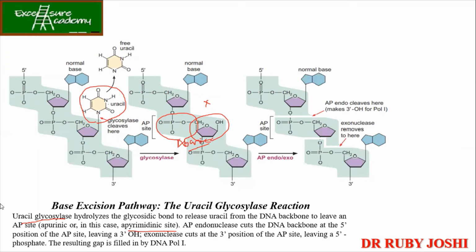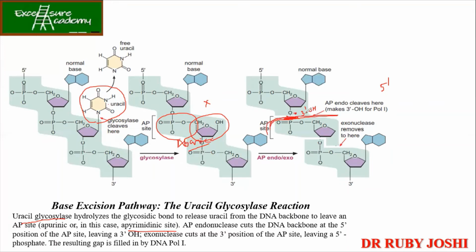Okay. Now next, your AP endonuclease is coming. It is making a cut at the DNA backbone, can you see, at the 5' position. Now what will happen? AP endo and exo. Finally, the 5' end is free over here. यहाँ पे क्या होगा आपका 3' free हो गया because यहाँ से phosphate हमने cut कर दिया है.